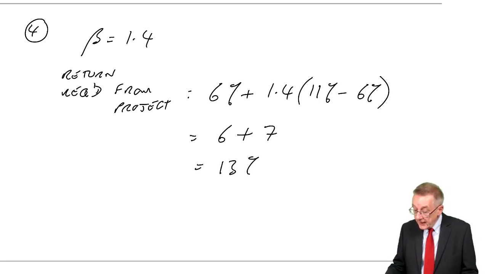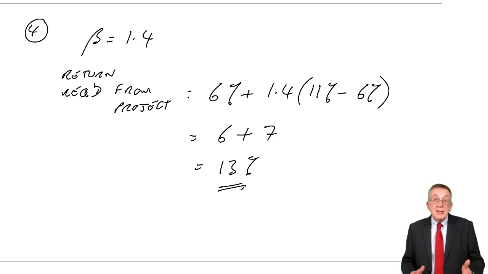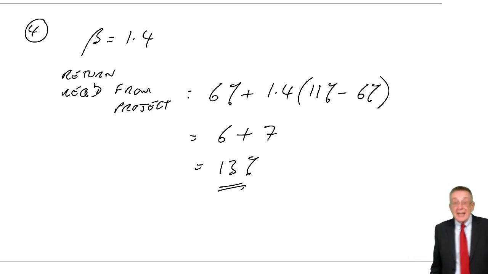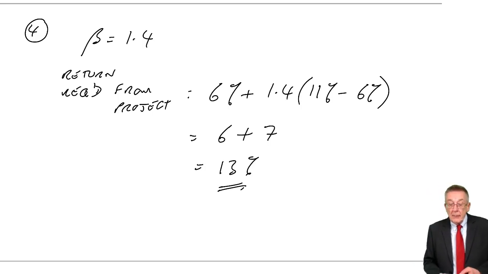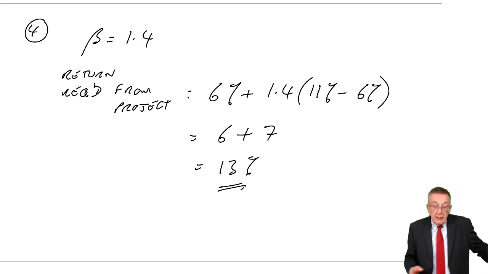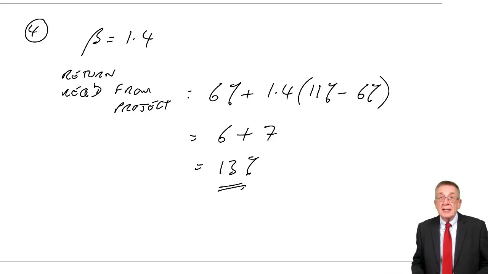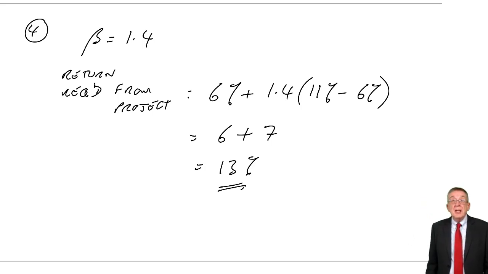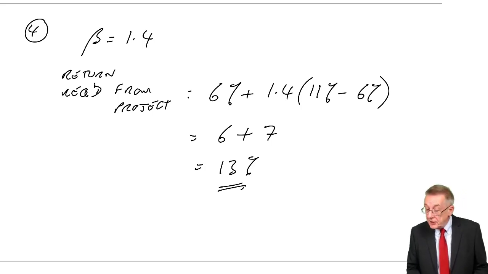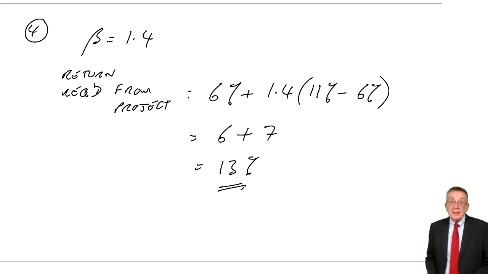We need 13%. That's the return shareholders would want if they were investing in a share with that level of risk. We're raising money from shareholders, but we're investing their money in this project with that level of risk. And therefore, the return we need to get from this project is 13%.